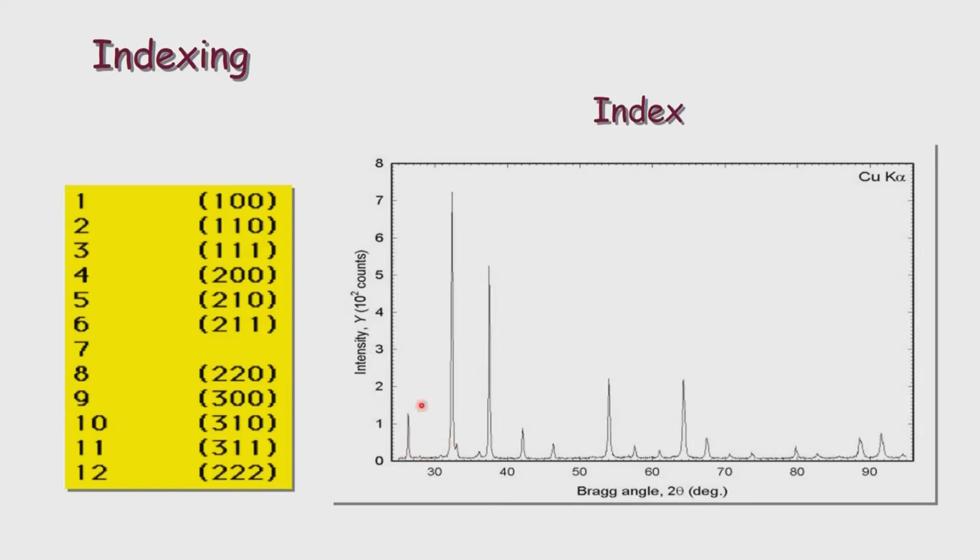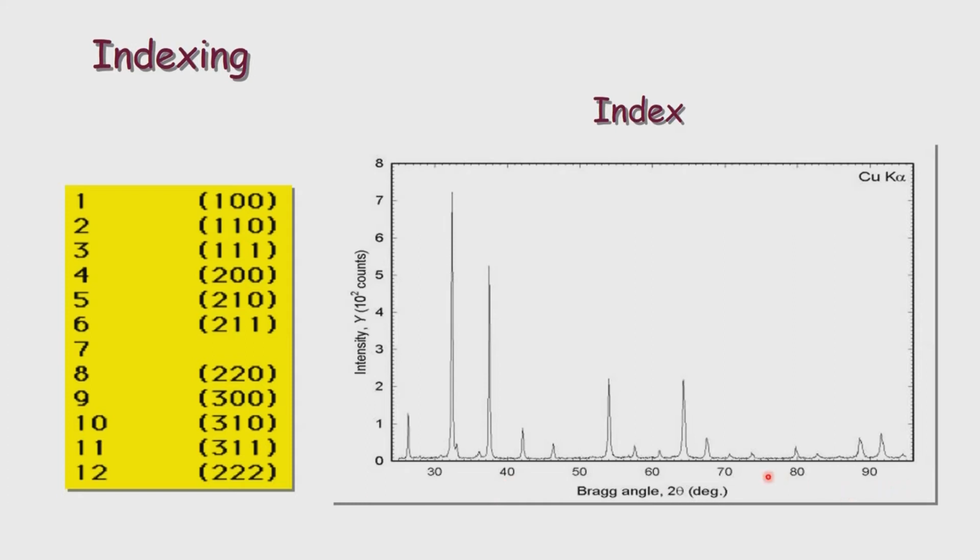The very highest d could be 1 0 0, the next one is 1 1 0, and so on. When you give these values, these will start to fit with each other if this is a cubic system. If it is not a cubic system, you will not get integral fits of this kind. Then you have to think that this system does not belong to a cubic system.